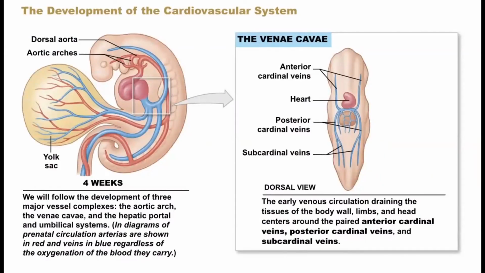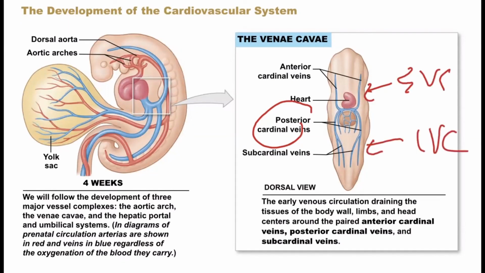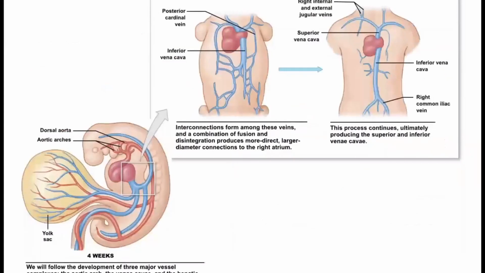Here are your anterior cardinal veins forming from the heart, your posterior cardinal veins. These are eventually going to develop into the superior vena cava and your inferior vena cava. Again, here's the inferior vena cava coming up into the right atrium, the superior vena cava coming down into the right atrium.